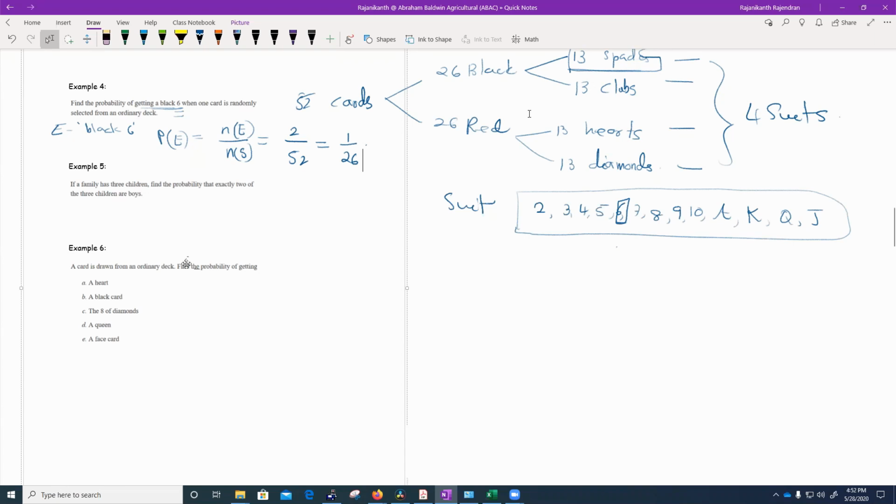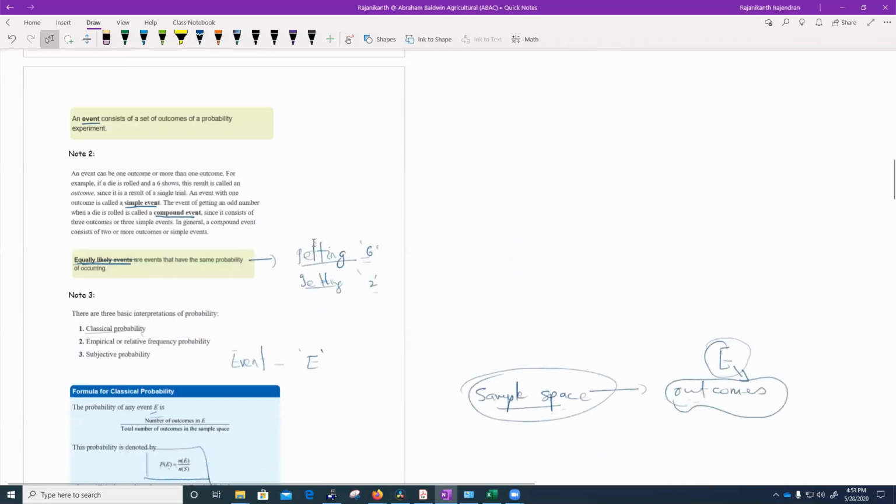If a family has 3 children, find the probability that exactly 2 of the 3 children are boys. Remember, we already have seen this problem in the previous example. So we already have the sample space for a 3 children family, right? Let me go back and check there.